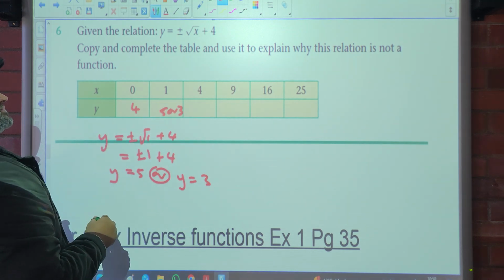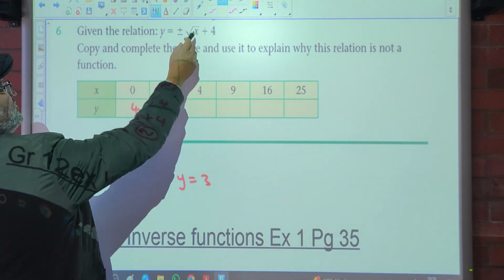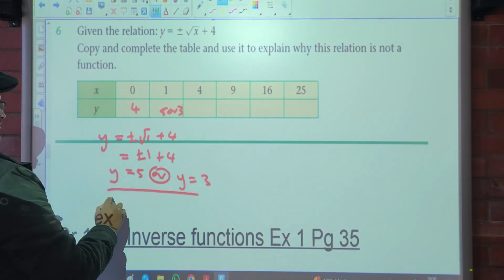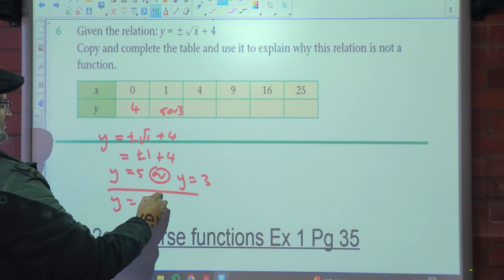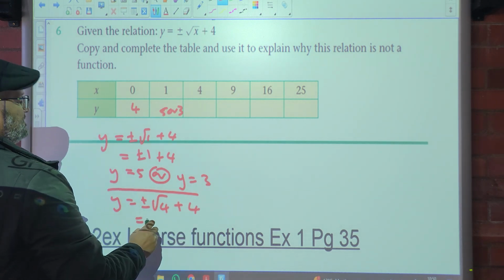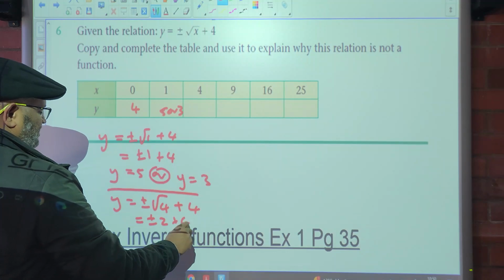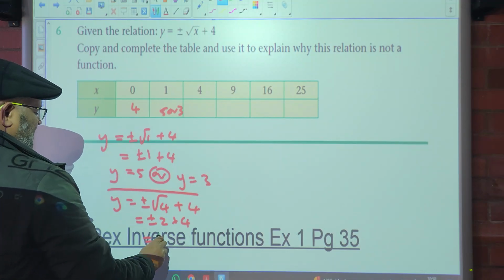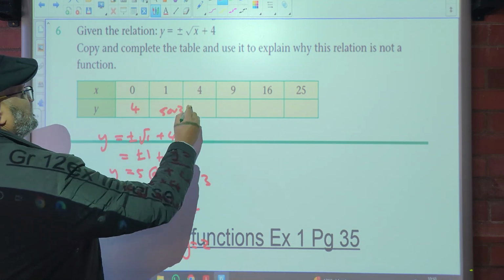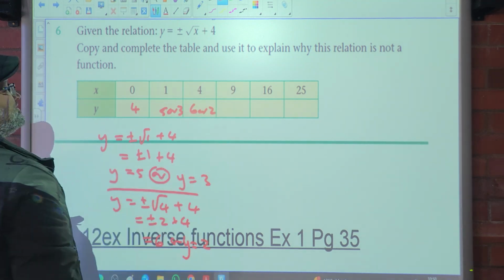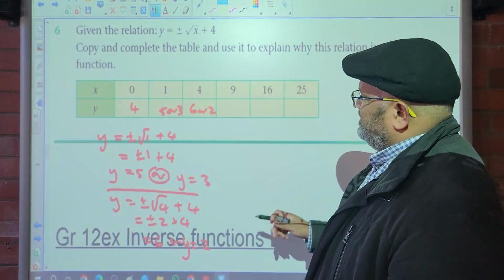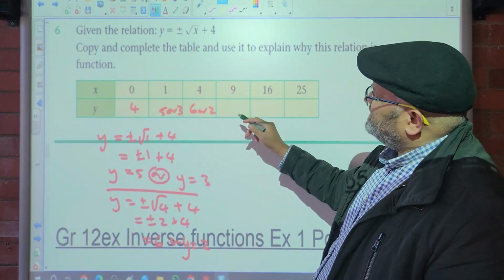Next, if I put 4 in, I'm going to get y is equal to plus minus the square root of 4 plus 4. So it's plus minus 2 plus 4. So it's going to give you, if it's plus it's 6, or if it's minus it's 2. 6 or 2. Okay. The next one, if I put 9 in, you're going to get 3.